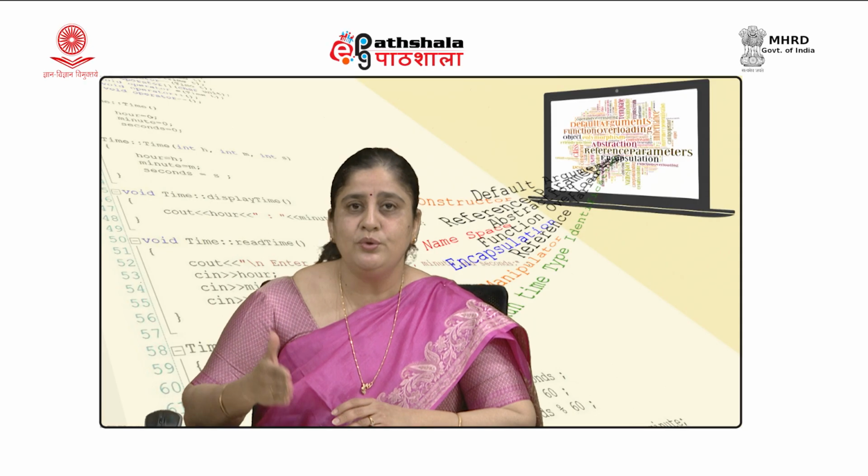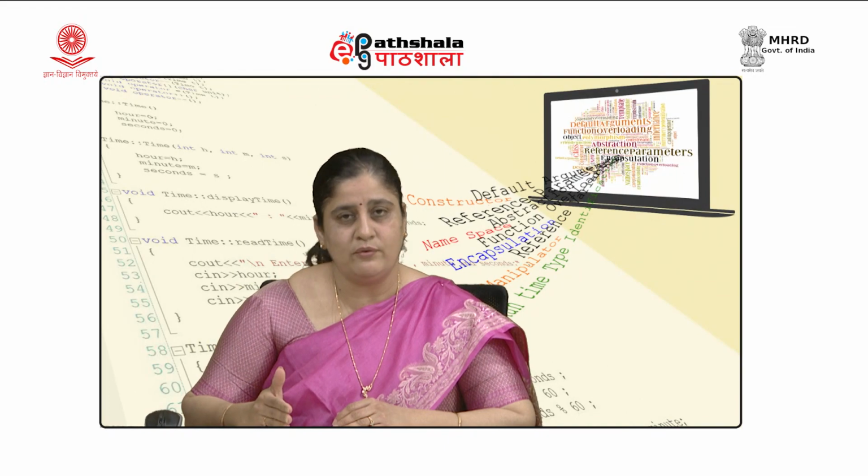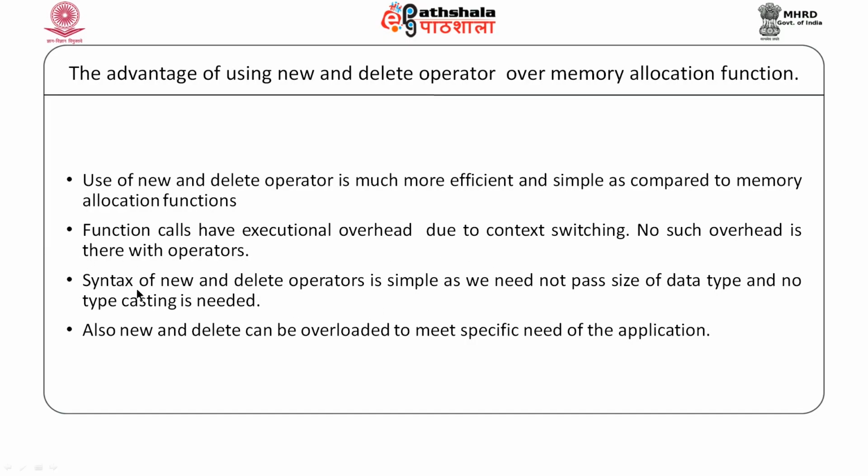So, functions, due to context switching, have a lot of executional overhead, whereas no such overhead is there with the operators. Also, you would have noticed that the syntax of new and delete operator is simple, as we do not need to pass the size of the data type, neither do we need to do any kind of typecasting for the returned address that has been returned by the operator.